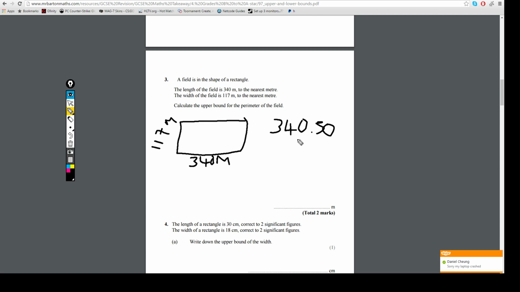So if we round that up, we also have to do the other one, so 117.5 as well, I believe. Yeah, that is absolutely correct. So now we would have to plus these two together.